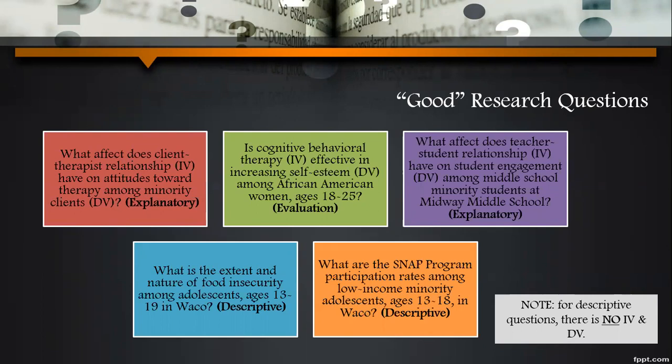All research questions have this underlying anatomy, whether we realize it or not. Oftentimes it's not very apparent when we are reading research studies. It's not very clear what the underlying anatomy of that research question is. But there is indeed an underlying anatomy that I always like to point out to students.